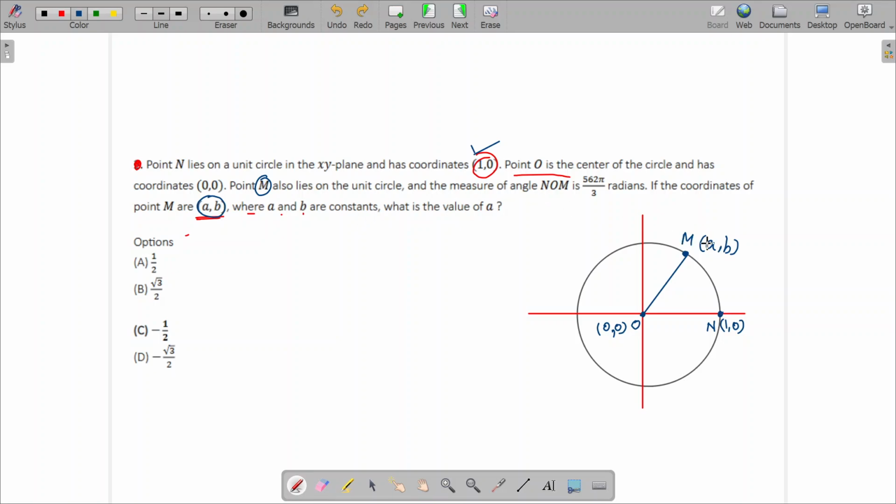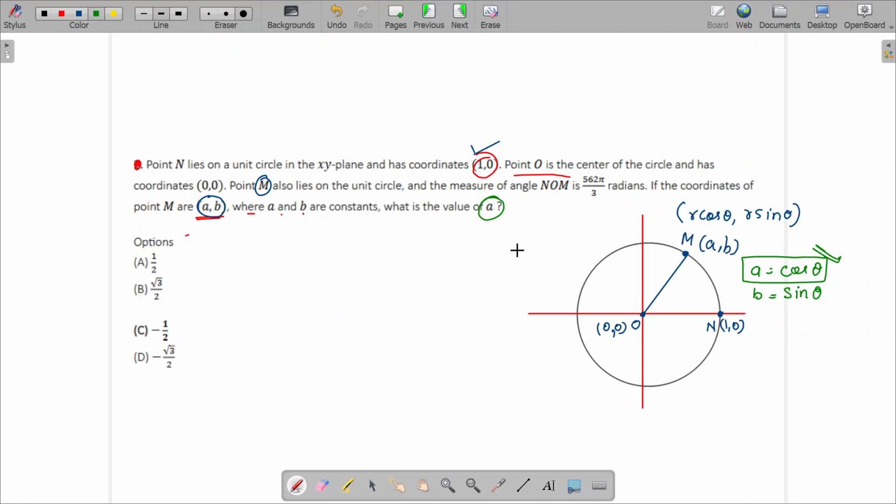Can I say that a is nothing but r cos theta and b is r sin theta? I know the radius is 1 since it's a unit circle. So can I directly write that a equals cos theta and b equals sin theta? They are asking me to find the value of a, so I only have to work on this.